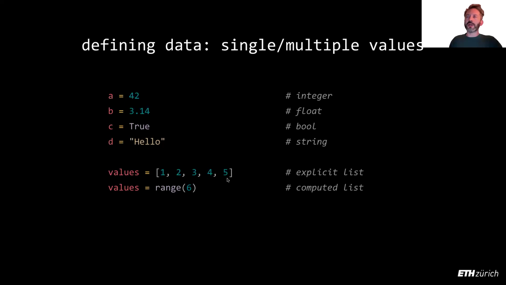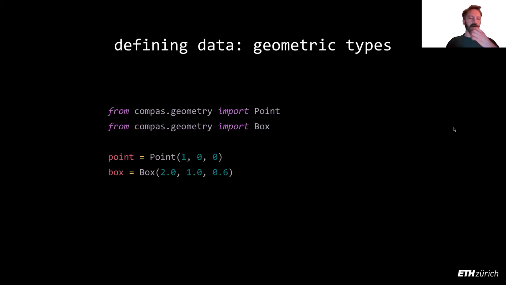The square brackets are the identifying symbol for lists. This is a list created explicitly. We can also create computed lists, like for example, the range function creates a list, in this case, a list of 6 elements. It's similar. We can also create lists in different ways. We will see in a minute.